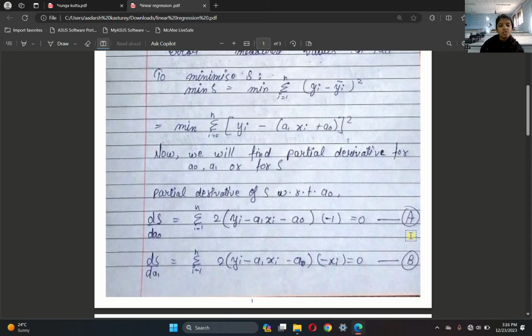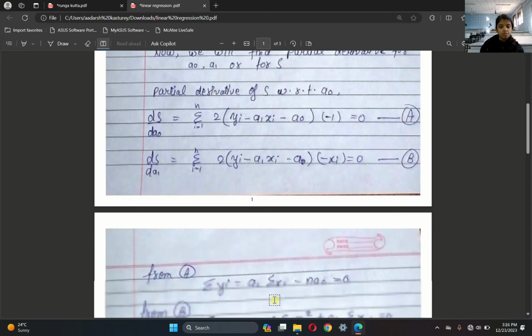This is our equation number A. And dS/da1 is equal to summation i = 1 to n of 2 into (yi minus a1 xi minus a0) into minus xi, equal to 0. This is equation number B.